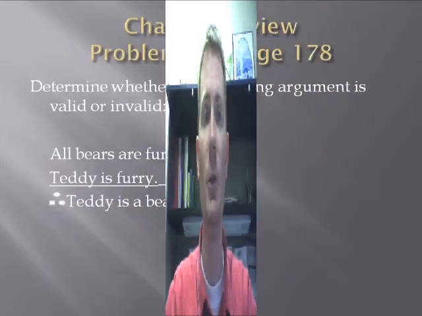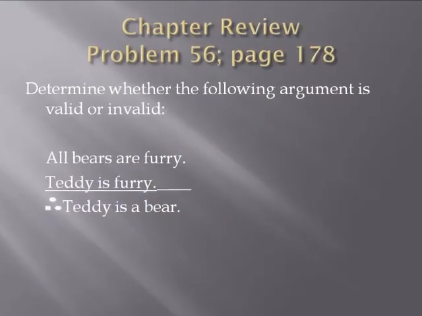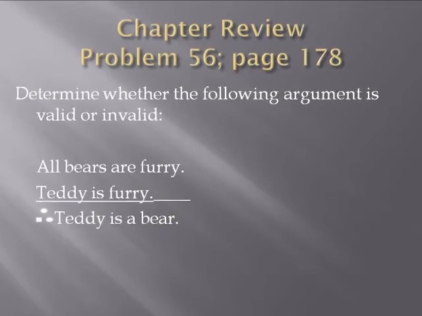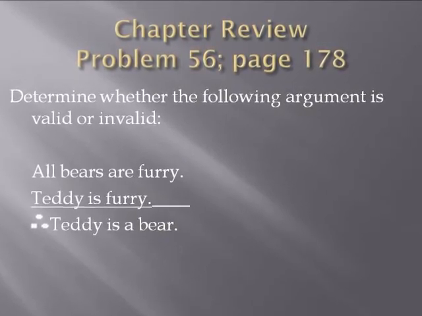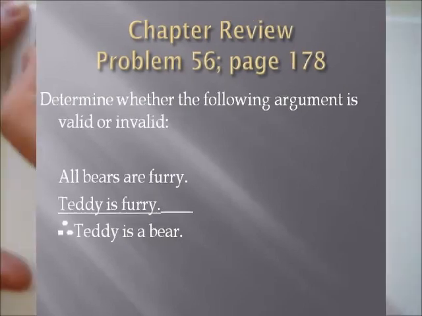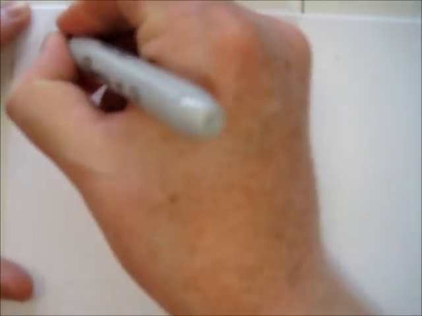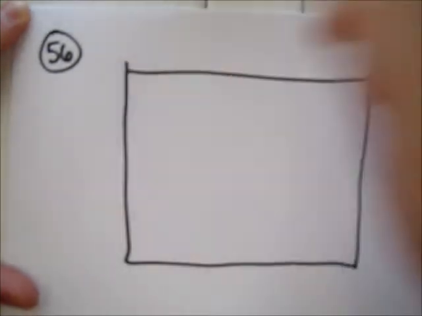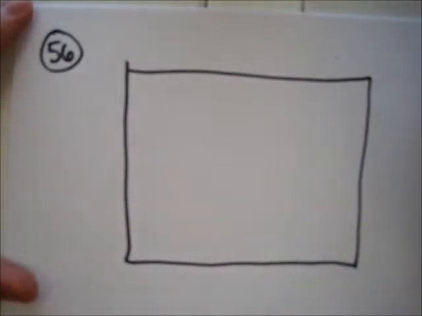Now let's look at one more problem in this type of exercise. For problem 56, also going to be an Euler diagram. It says that all bears are furry, Teddy is furry, therefore Teddy is a bear.